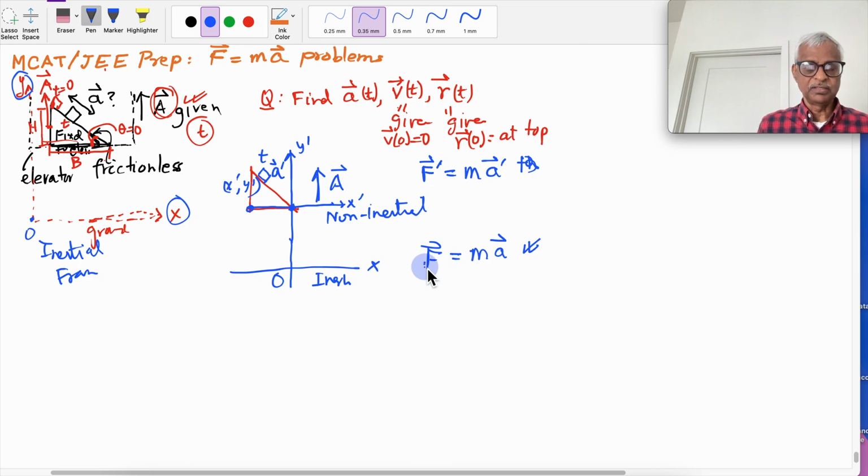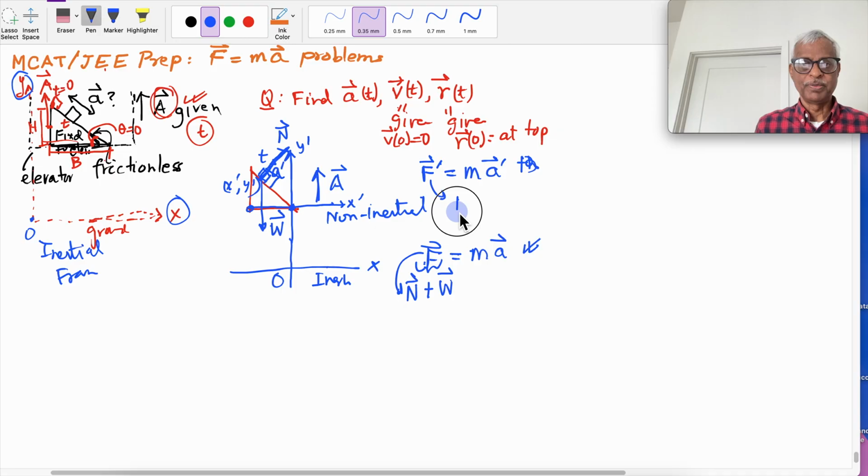So this F here, if you look at the forces with respect to this guy, there are only two forces, but whichever frame you look at, there's going to be a normal force and then the gravity force. So this is the weight vector, and this is the normal vector. And so F is just the normal vector plus the weight vector. And this is also just the normal vector plus the weight vector.